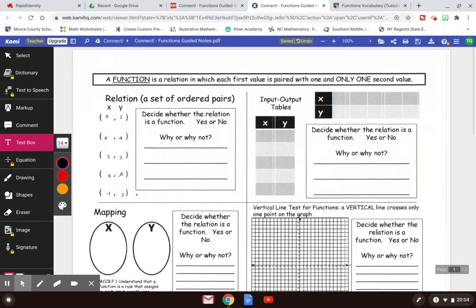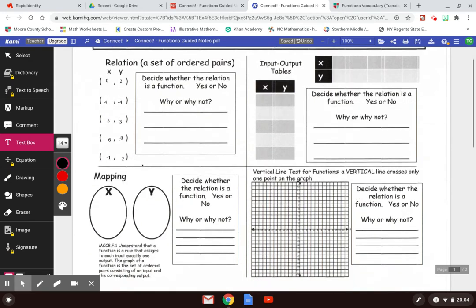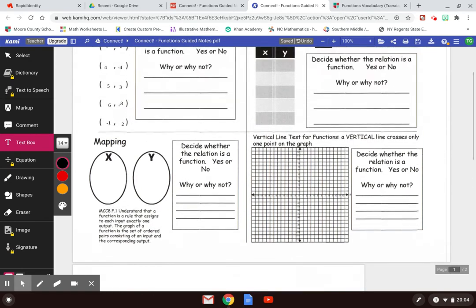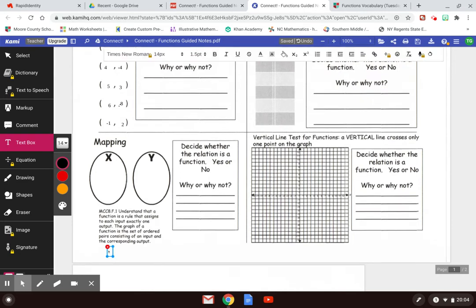All right, so when you look here at this set of ordered pairs that we have, this is simply what we would call a relation or a set of ordered pairs. Now, right down here, I want you to either write or type in the first additional definition, which is going to be domain. The domain is the set of x values in a function.